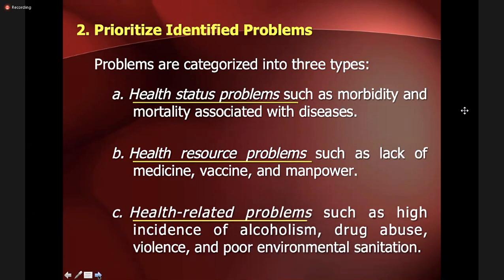Okay, when you say health-related problem, it should be prevalence. These are the indirect ones. For example, alcoholism, substance abuse, violence, and poor environmental sanitation. These are all health-related problems. It is not a direct illness, but it can eventually cause illness. That's why it is called health-related.